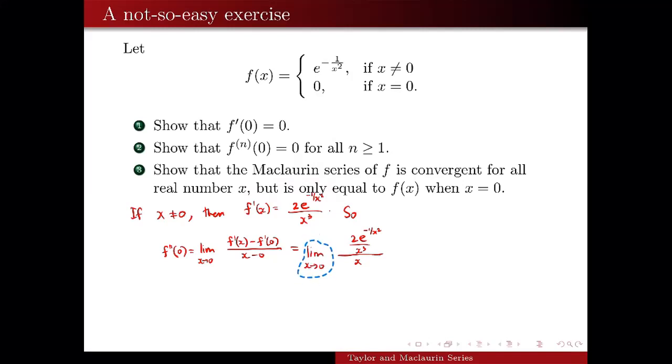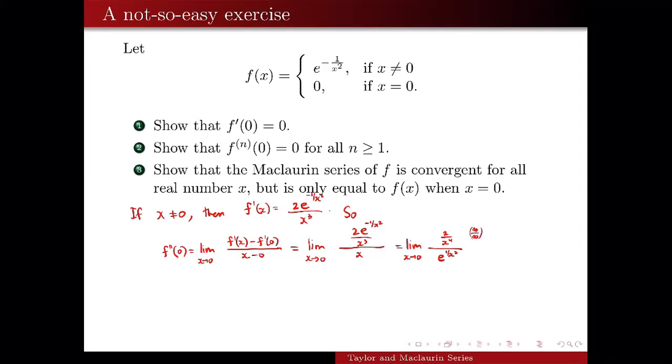And then, similar to what we did earlier, we can rewrite this as the limit as x approaches 0, again from the left or from the right, of 2 over x to the 4 divided by e raised to 1 over x squared. And this will be, again, infinity over infinity.